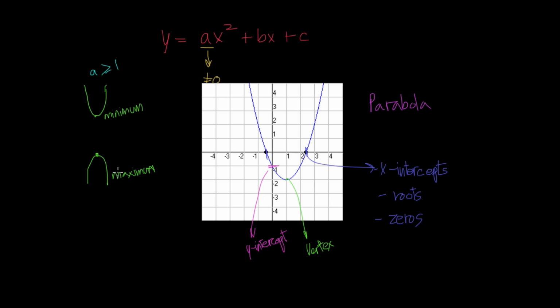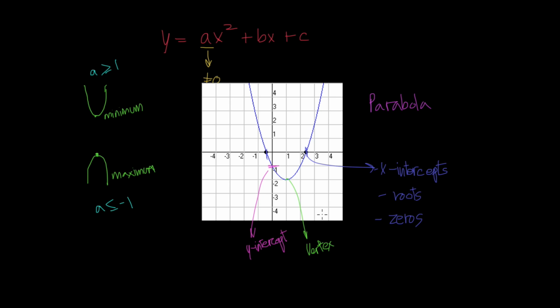And if a is less than or equal to -1, then it opens downwards and we get a maximum point, okay? I'll make a video in the future explaining how to find the minimum and maximum point. But for now, know that if a is greater than or equal to 1, then it's a minimum. If it's less than or equal to -1, then we get a maximum.